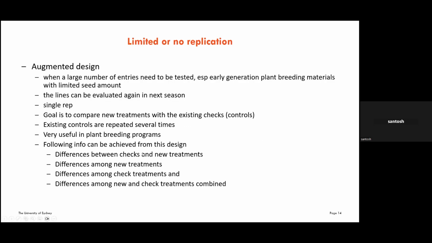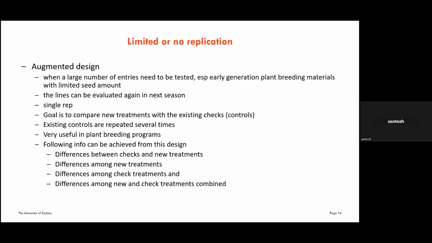Then we can compare the means of different lines with our controls. You can also compare differences among new treatments because you have the error variance there. From that, you can measure the least significant difference.